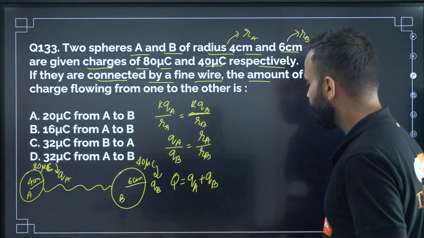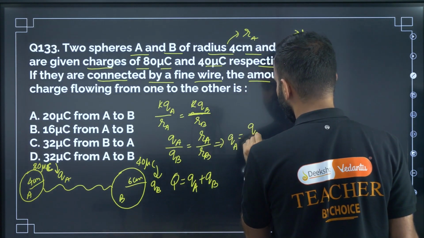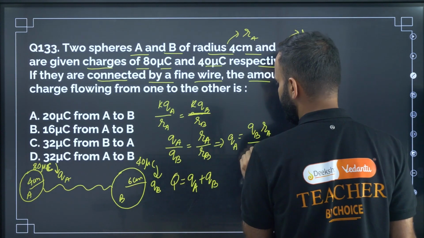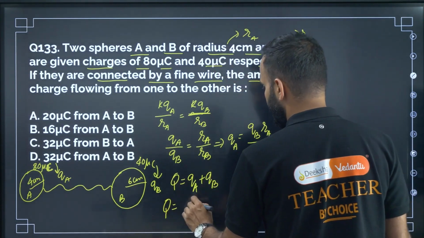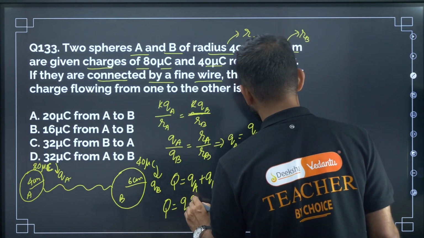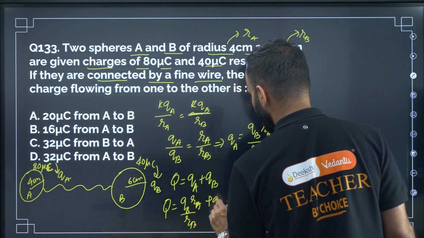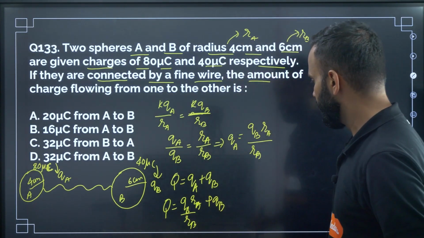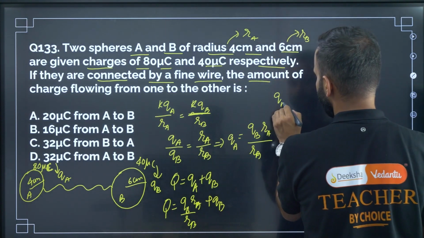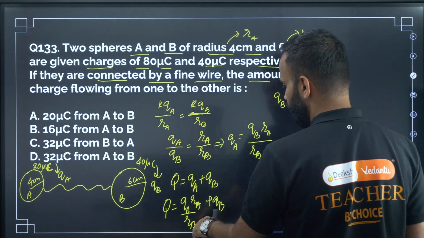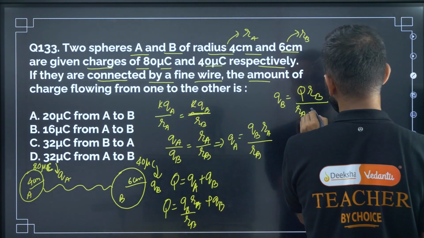Then substitute here. Now I can write this equation as QA equal to QB into RA divided by RB. So now Q is equal to QB into RA divided by RB, plus QB. So QB is equal to capital Q into RB divided by RA plus RB.